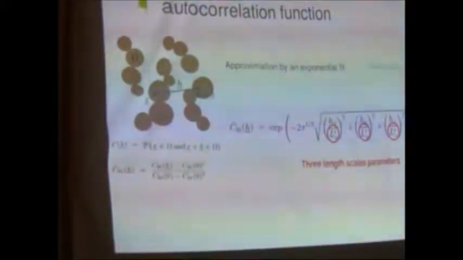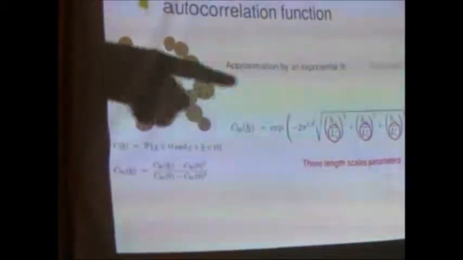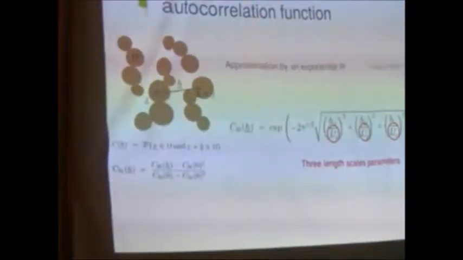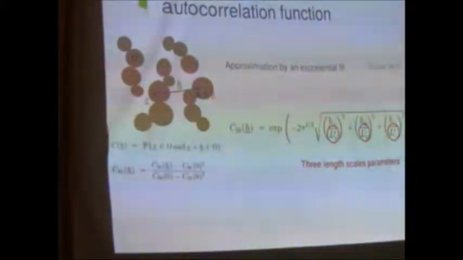In this fit, you introduce 3 length scale parameters, Lx prime, Ly prime, and Lz prime, that give you 3 autocorrelation lengths in the 3 space directions, which are aligned with the anisotropy of the external load.